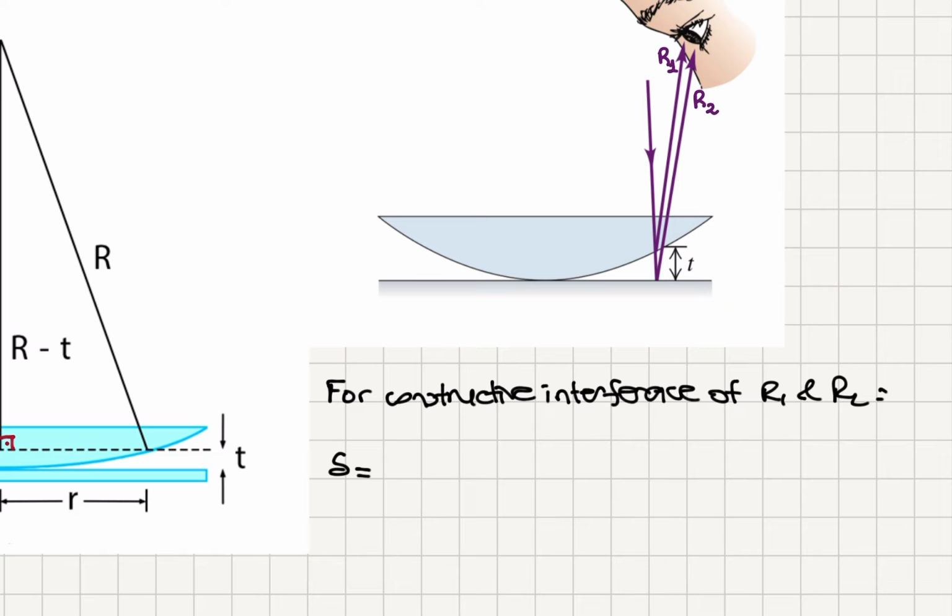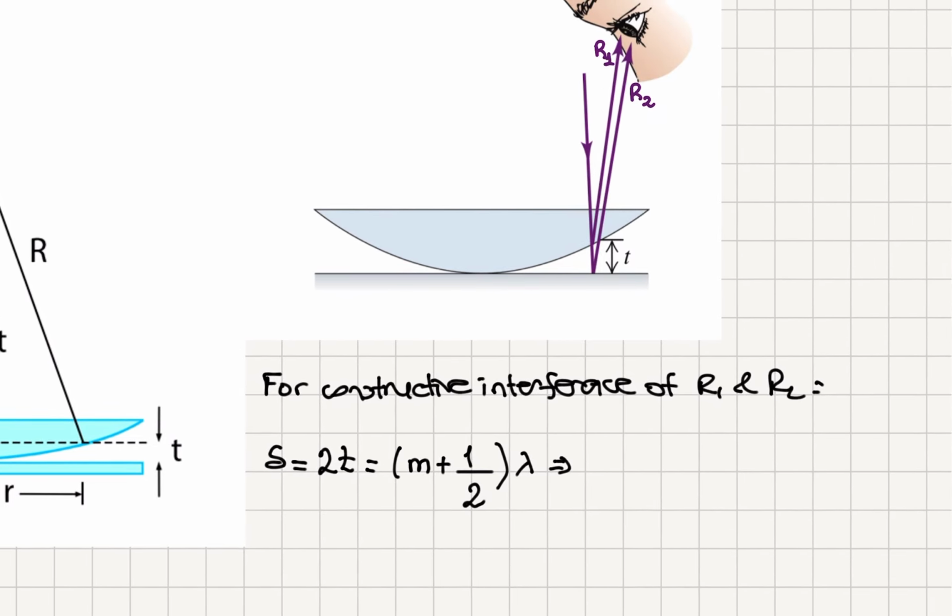And since we already have a 180 degree phase difference, the path difference must be equal to (m plus 1/2) lambda for this to be constructive interference, which means the distance traveled in air, t, must be equal to (2m plus 1) lambda divided by 4.